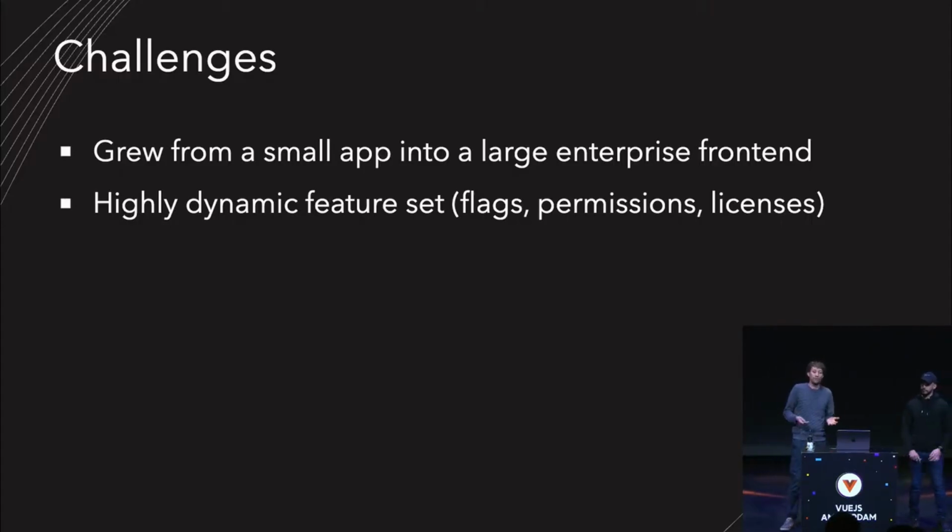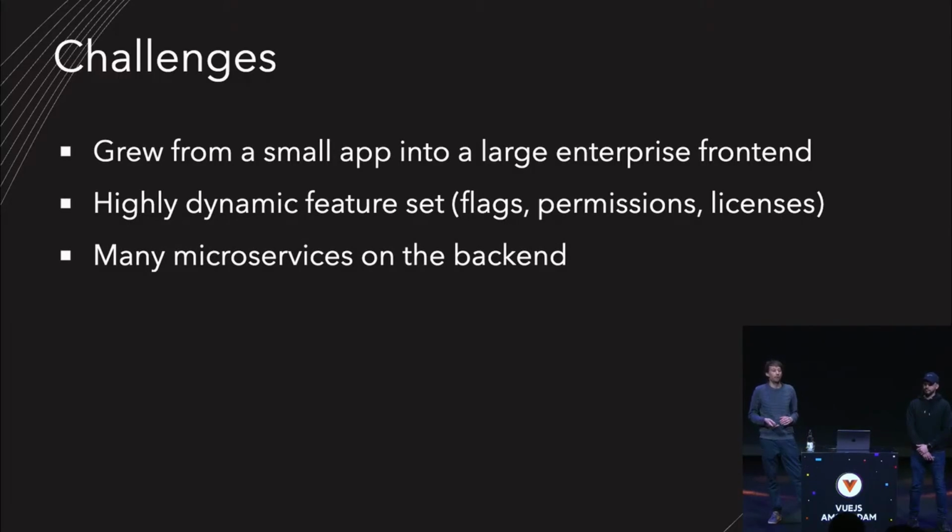And also, on the backend side, we have many microservices that we need to handle all with one big front end. Luckily, with Nuxt 3, Nitro came in, and that helped a lot to improve on this side, and also to build a backend for front-end layer that we are using here.